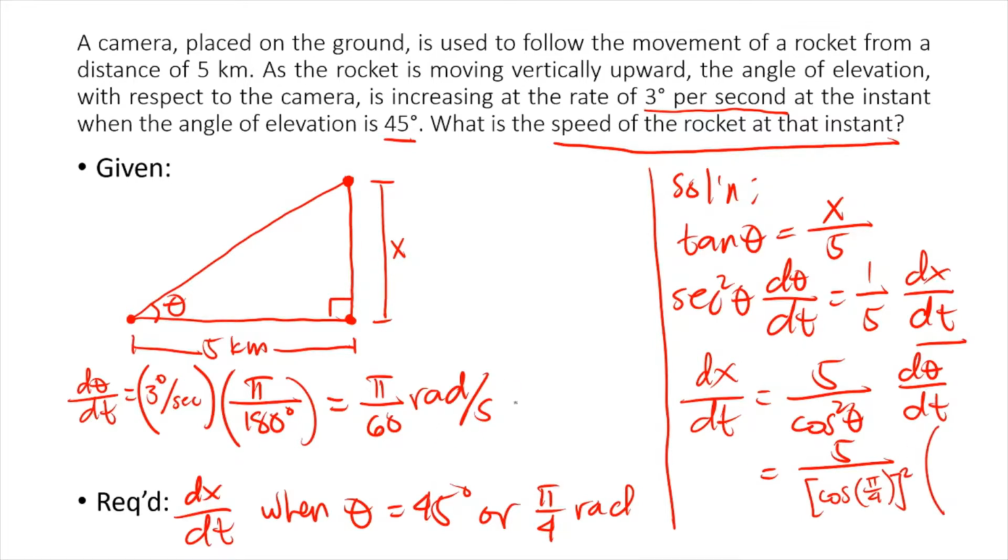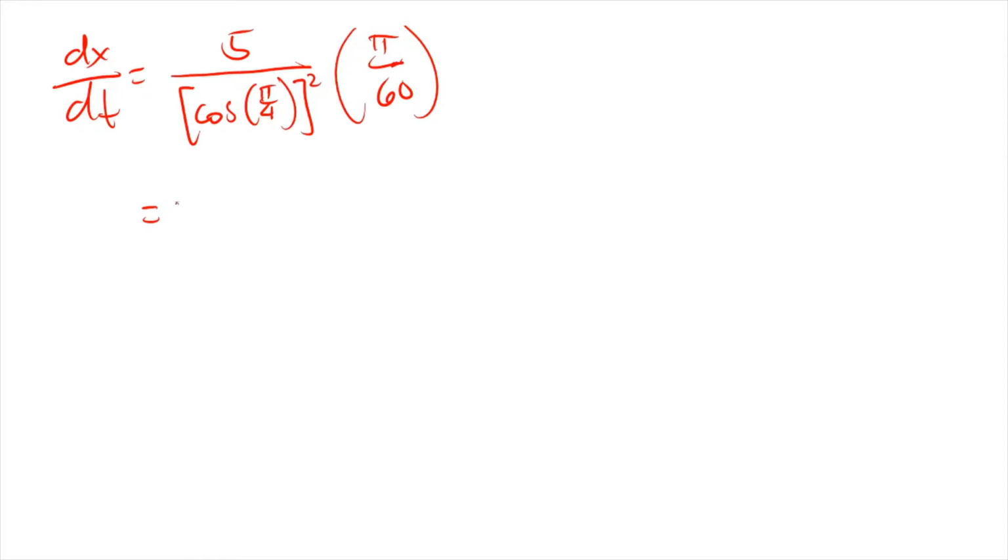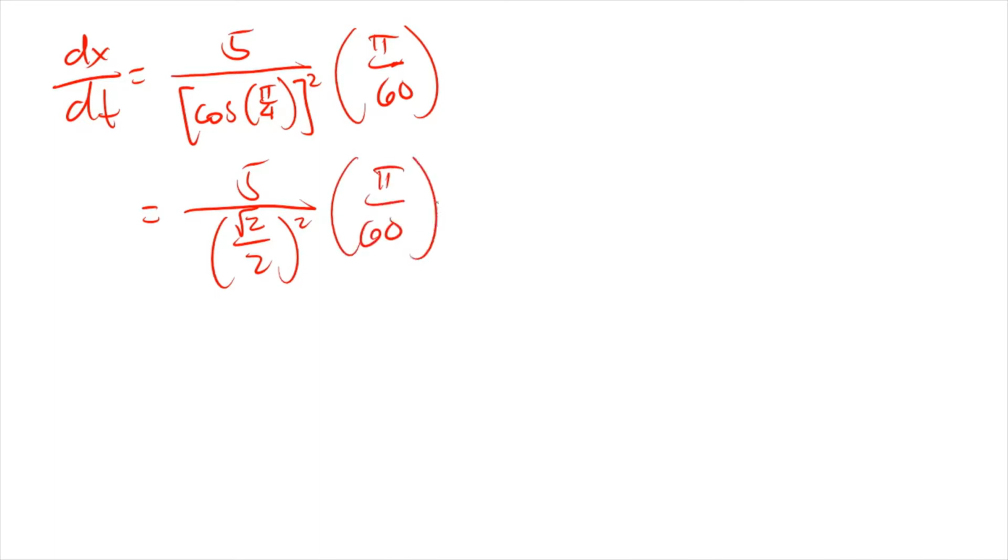D theta dt in radians per second is pi over 60. Next, evaluate cosine 45 degrees or cosine pi over 4. So cosine pi over 4 is square root of 2 over 2, squared, times pi over 60. And then simplify, we have here 5 over 60, that's 1 over 12 times pi.